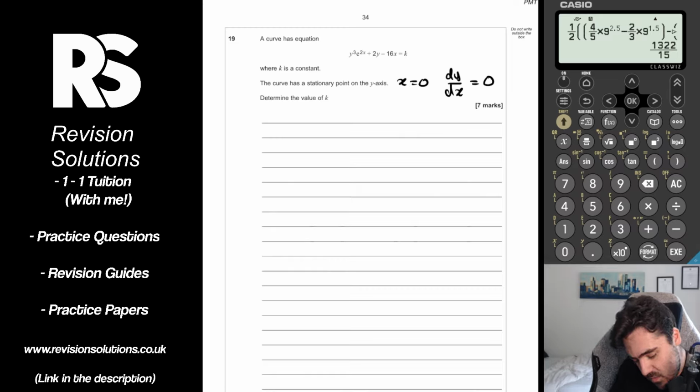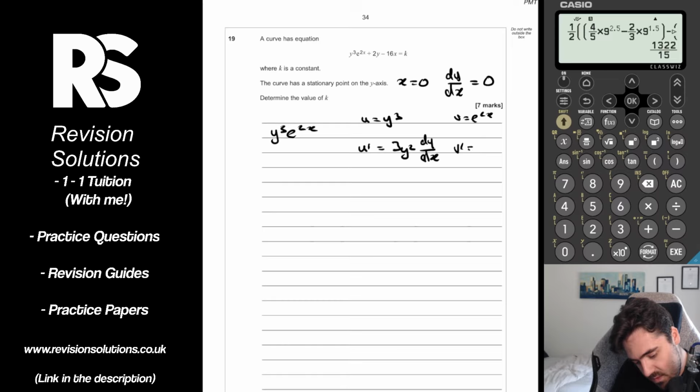So let's start with the y cubed e to the 2x. We're going to use the product rule on that. So if u is y cubed, differentiating that, it's going to be the chain rule. So differentiating y gives us a dy by dx, and then y cubed would go to 3y squared. So it would be 3y squared dy by dx, and then v is e to the 2x.